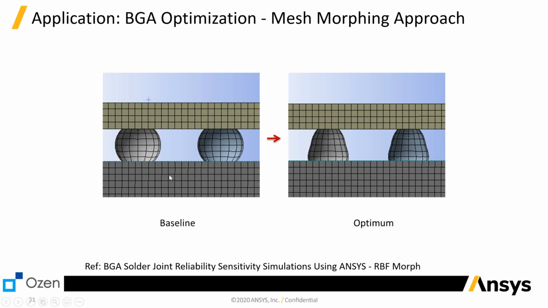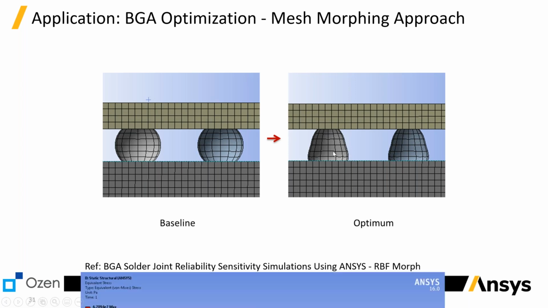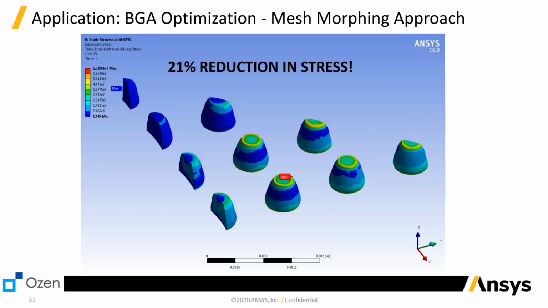And then we did this simulation. Since we're running out of time, I just want to get to the result. This is where we started, and then we reached an optimum solder joint connection, just like you see here. This gave us a stress distribution that resulted in a 21% reduction in stress.